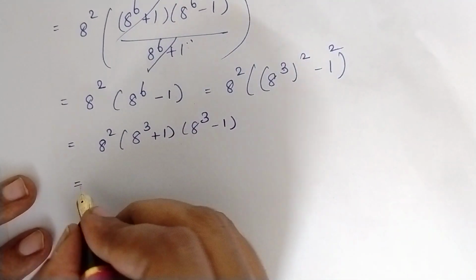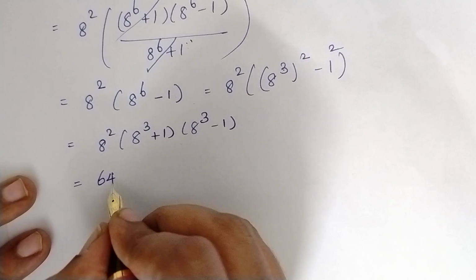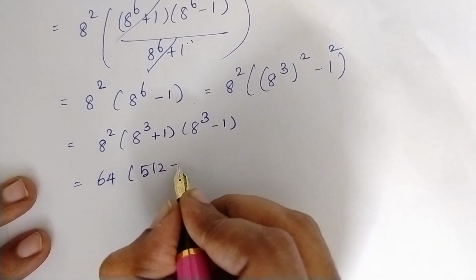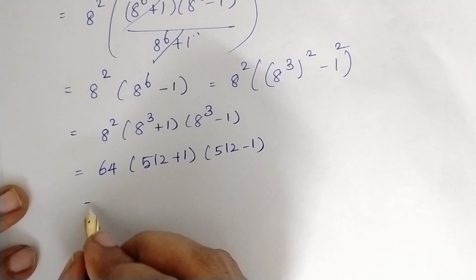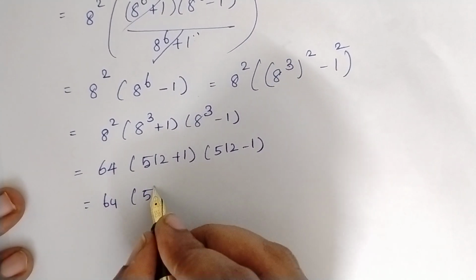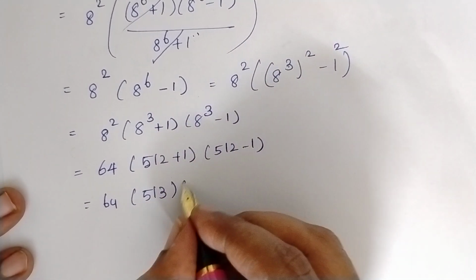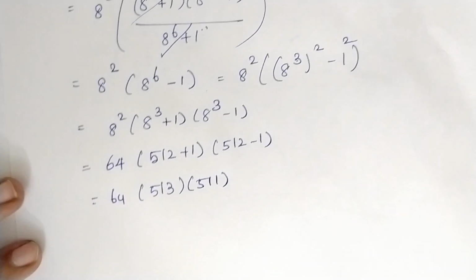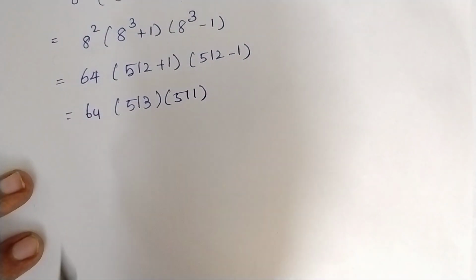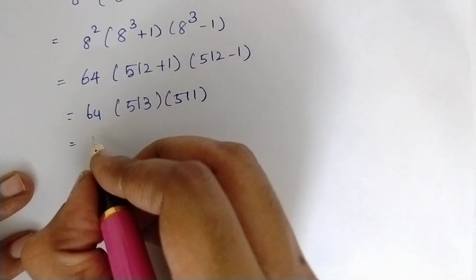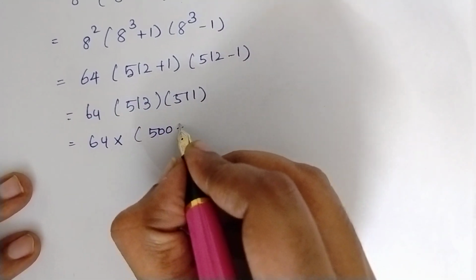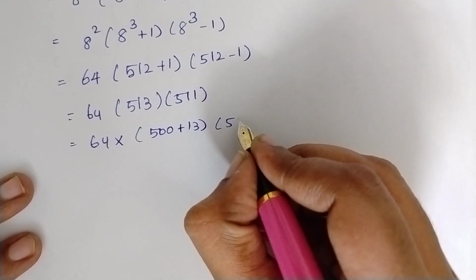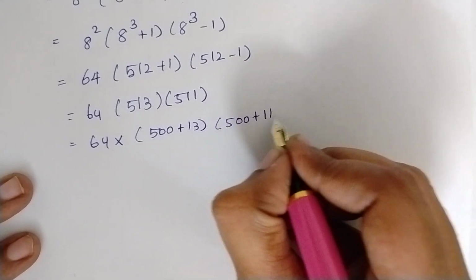So 8 square is nothing but 64, and 8 cube is nothing but 512 plus 1, 512 minus 1. So then what we have is 64 of 513 and 511. Here, in order to simplify the calculation, I am going to write 513 as 500 plus 13 and 511 as 500 plus 11. Okay.